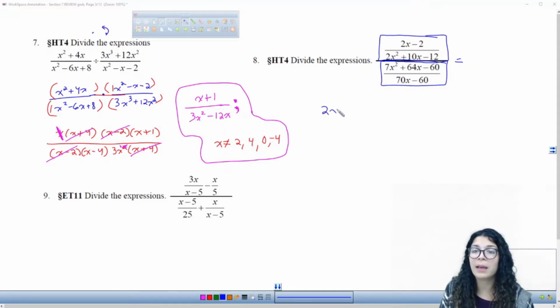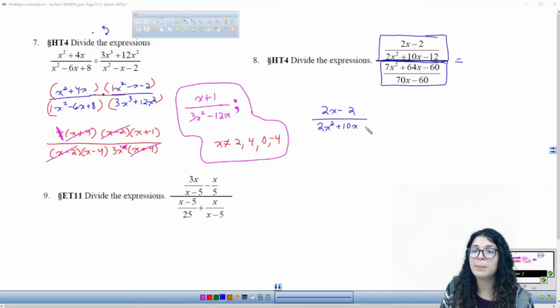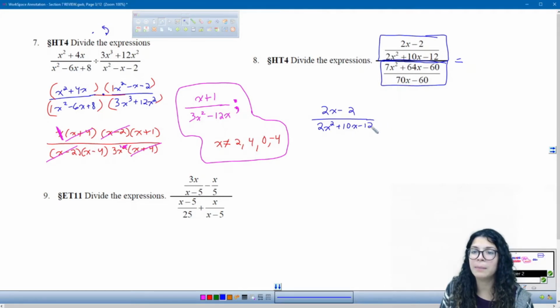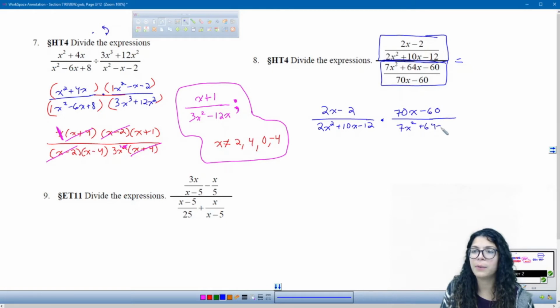So in that case, we can just take the numerator and divide by the denominator simply by multiplying by the reciprocal of the denominator. So 70x minus 60 over 7x squared plus 64x minus 60.